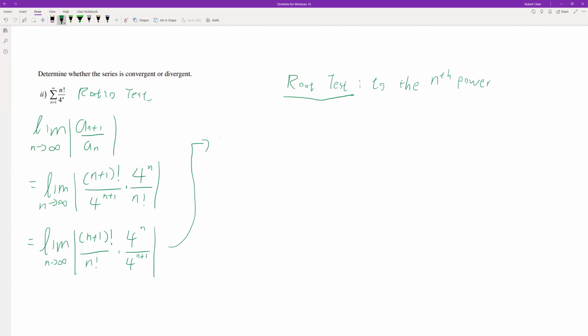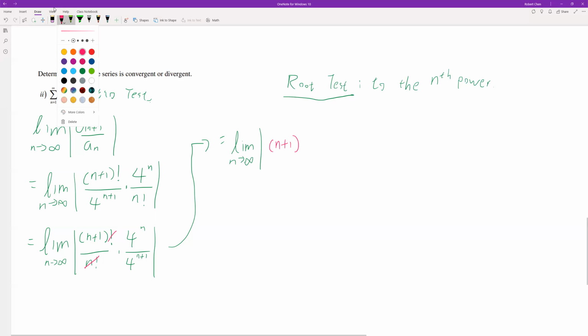Let's see what we have. We can start simplifying. If you look at the first term, (n plus 1) factorial has one extra term compared to n factorial, which is just the n plus 1. So for the first part, I have the limit of n plus 1 left.